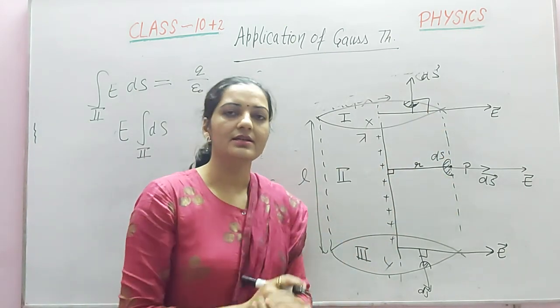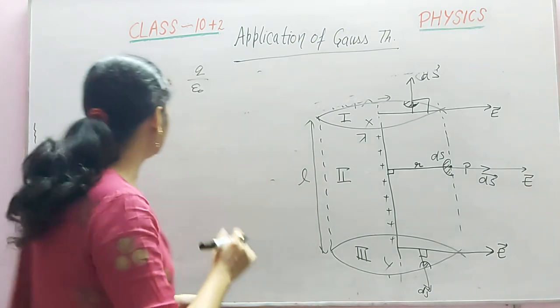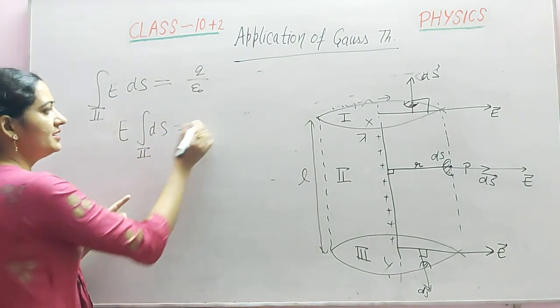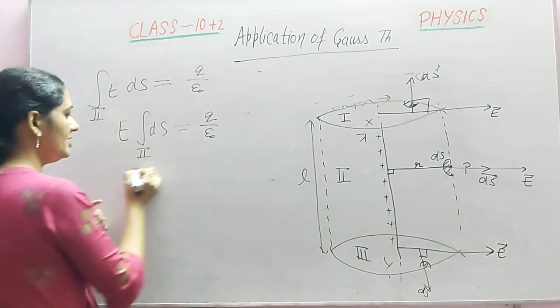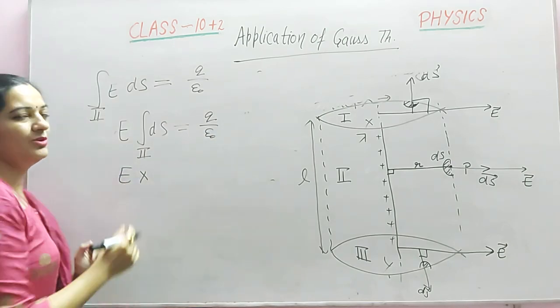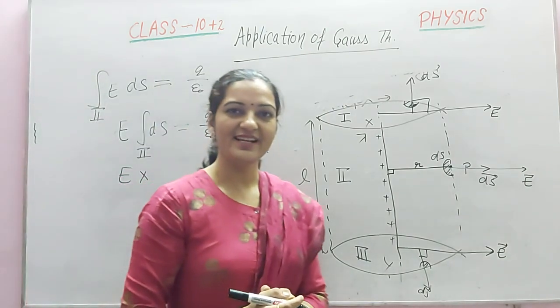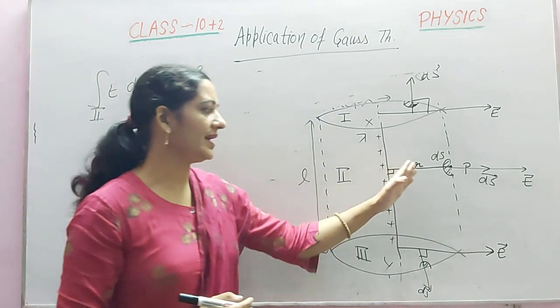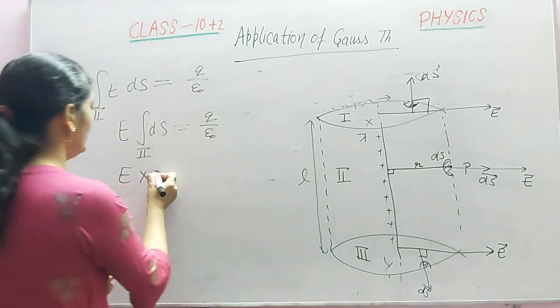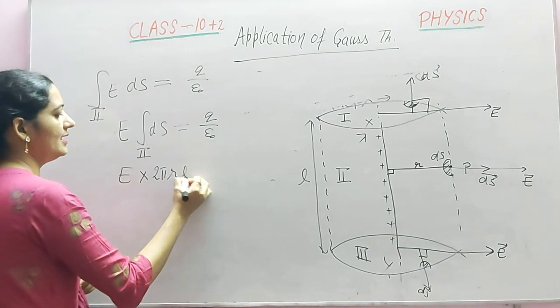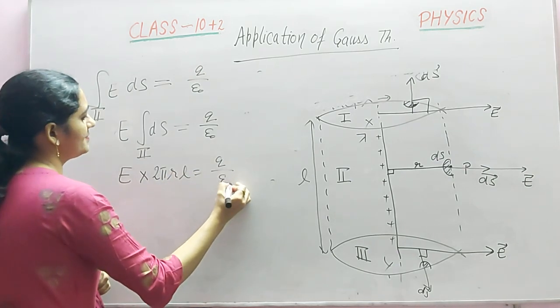Then the total area of the curved surface is given by the integral. It becomes E into the curved surface area of the cylinder, which is 2 pi r L. Now E times 2 pi r L is equal to q upon epsilon naught.